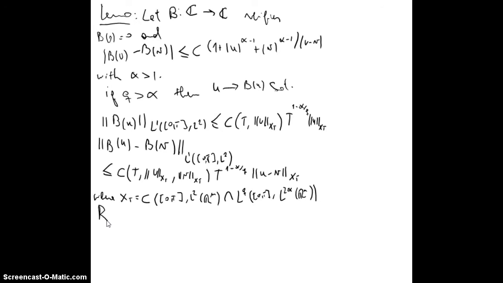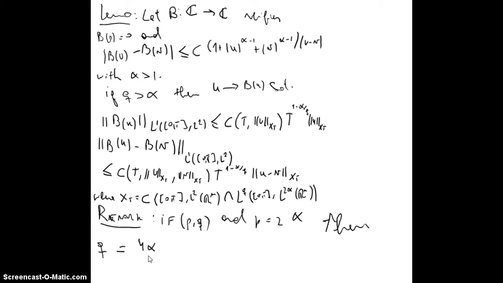Okay, so remark: if (p,q) is an admissible pair and p is equal to 2α, then q is equal to 4α over n(α - 1).